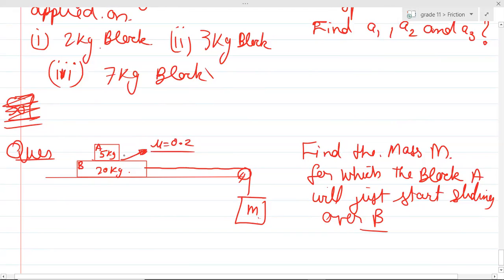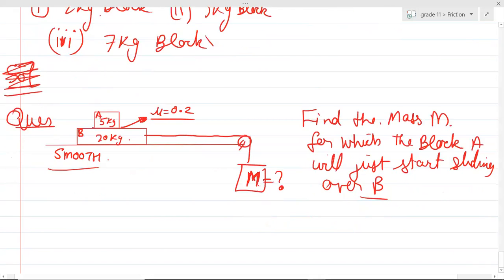So basically the friction will be limiting, okay? Is this clear, guys? So this is one of the questions. You need to find out what will be the value of this mass M.